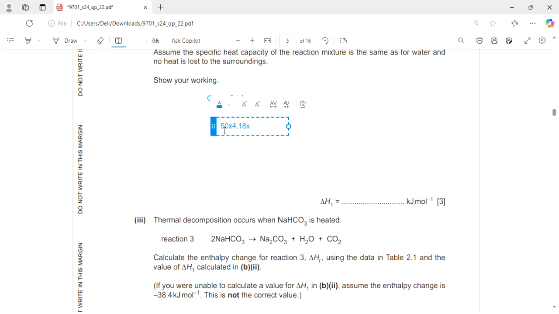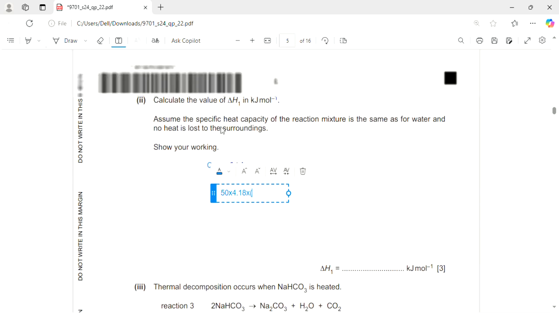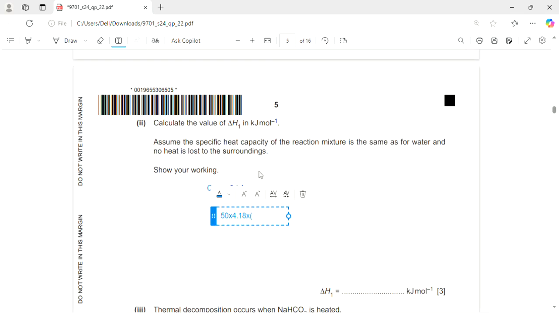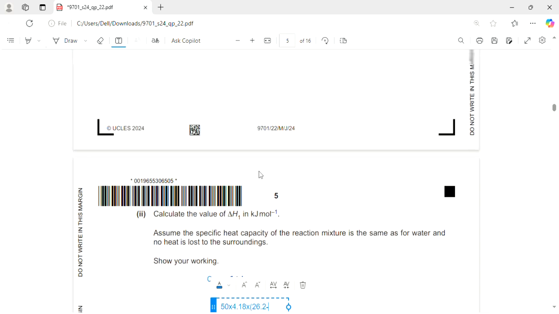What is the change in the temperature? Just the final temperature minus the initial temperature.